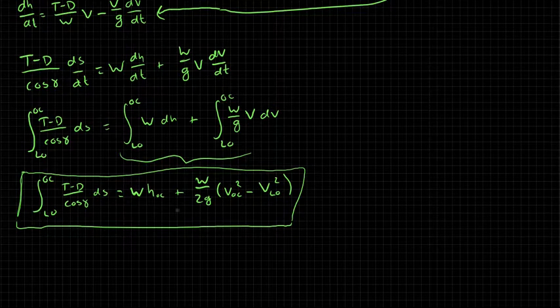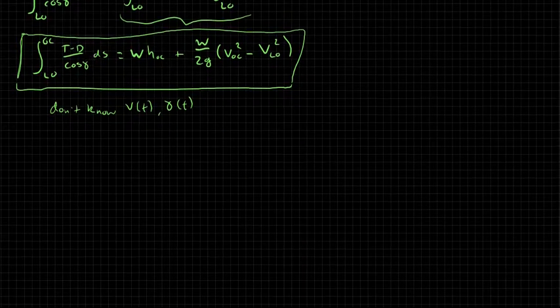But as always, we're going to make some simplifying assumptions. Okay, so although we don't know v of t and we don't know gamma of t, we're going to go ahead and assume that this whole term here, this T minus D over cos gamma, changes linearly in s.